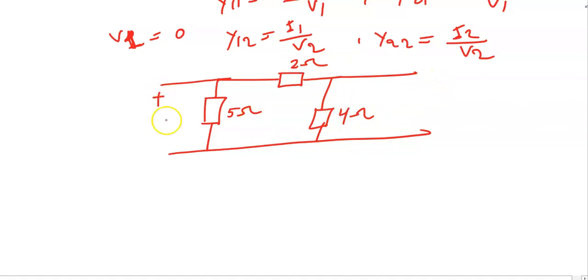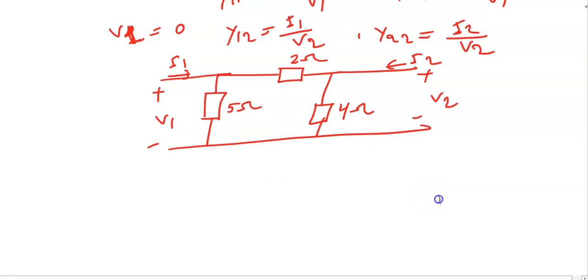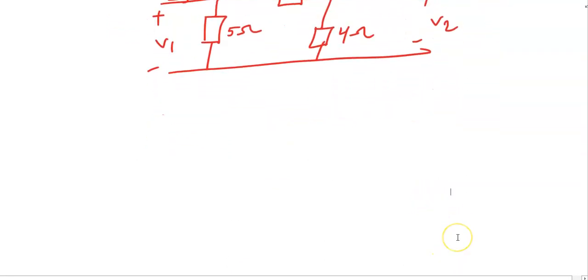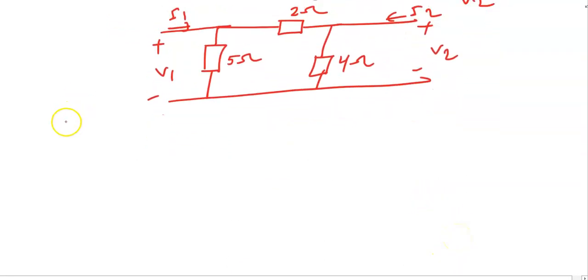So find the Y parameters of this network. As per the definition, to short port 2, make V2 equal to 0. So when I make V2 equal to 0, what happens?